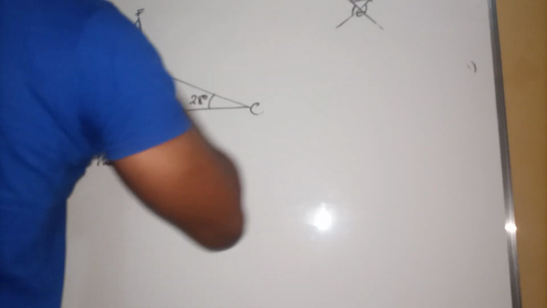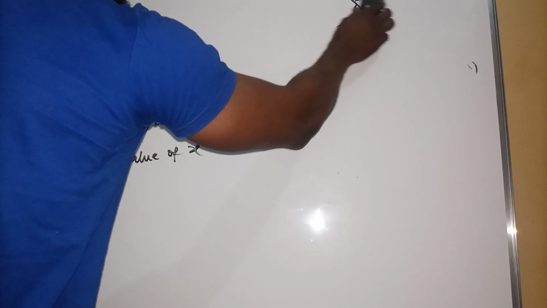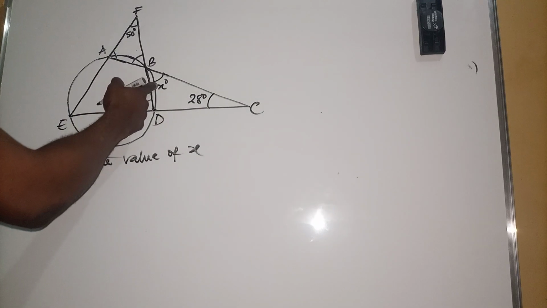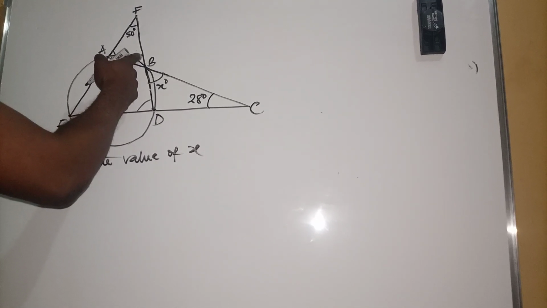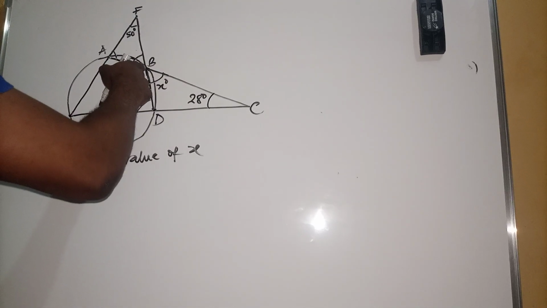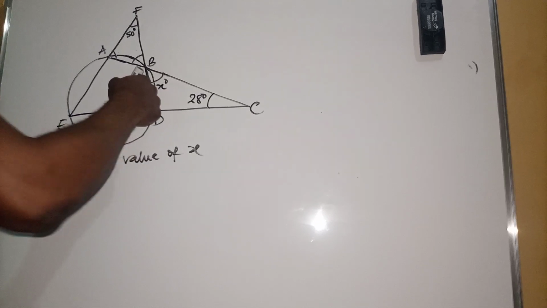Using this idea, I will bring it down to this part of the question on the board. Looking at this line, they're intersecting at B. So this angle is vertically opposite to this angle.